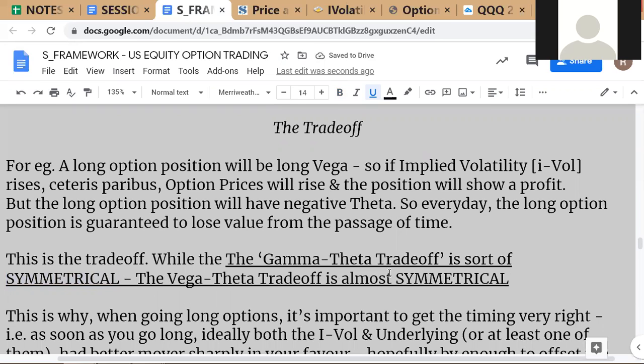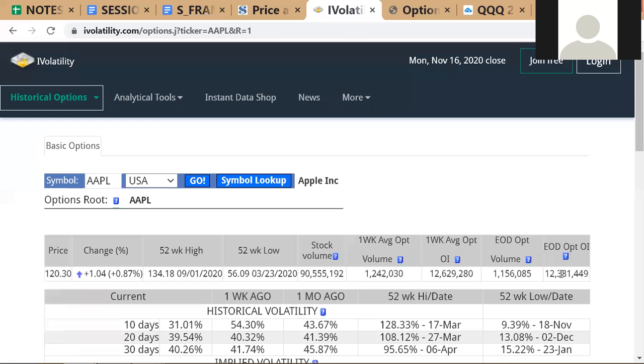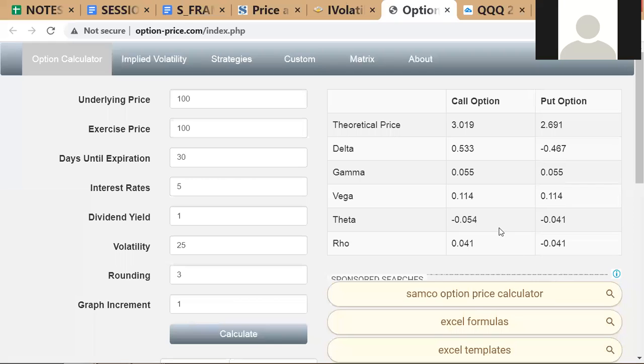Let me explain what I mean here by asymmetrical and symmetrical. Now, the gamma theta trade-off, what happens is that if you look at this option, if you buy this option, if you buy both the calls and the puts, and usually when we talk about buying options, we will talk about buying both of them. When you buy calls and puts, you will have positive gamma. Your position will have positive gamma and your position will have negative theta.